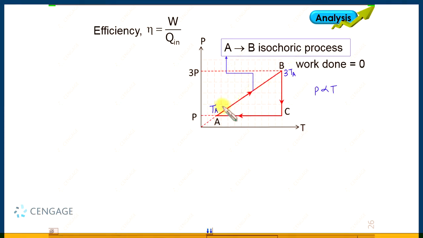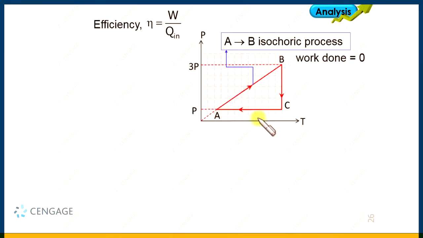Right. And we know from A to B temperature is increasing, and Q is defined as n Cv delta T, and Cv is a positive value, n is also positive, and delta T is positive. That means Q is positive, that means heat is absorbed in this process. That means there will be Q in.